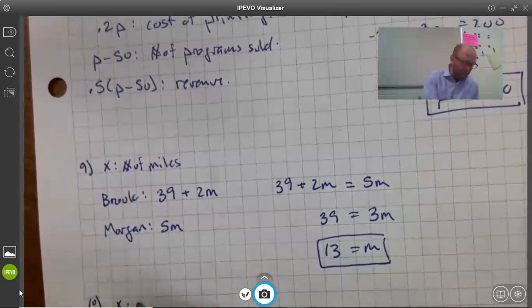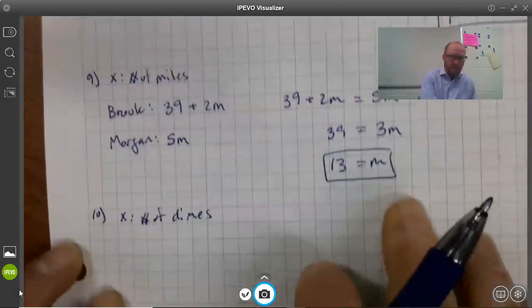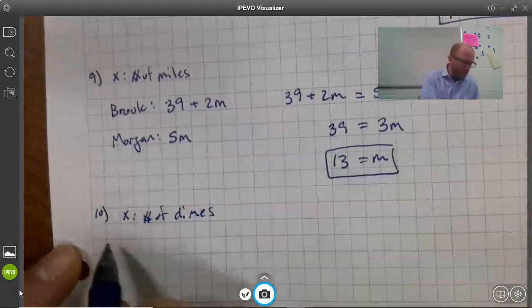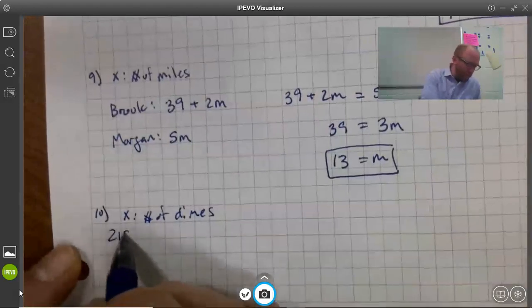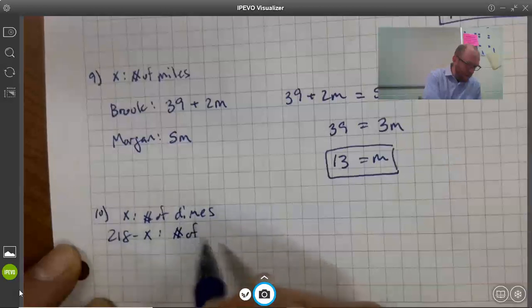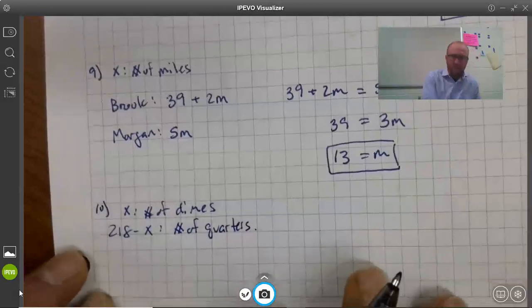x will be the number of dimes. Let's see, there's a total of 218 coins, so 218 minus x would be the number of quarters.